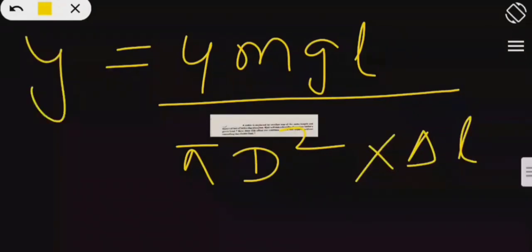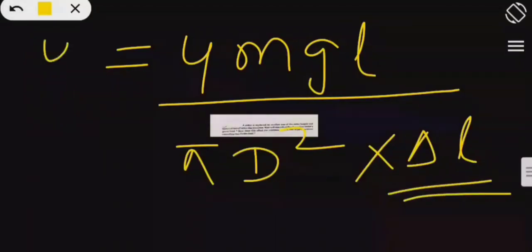Y is equal to. Now exactly I need the relation between the elongation, that is the length, and the diameter. Elongation is delta L. So I need to get the relation between delta L and Y. So now let me take this delta L to this side and this Y to this side. Now let me write it clearly.